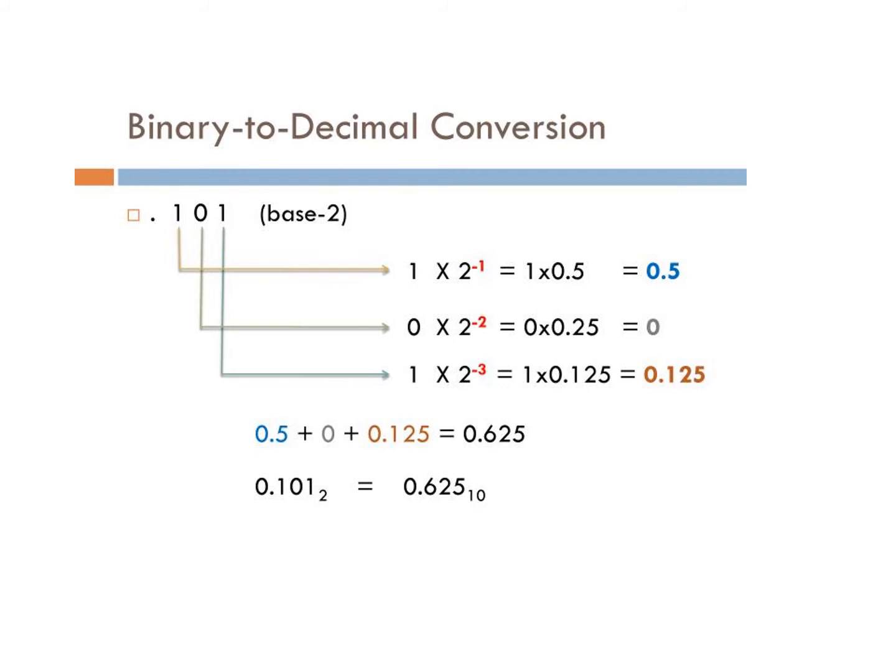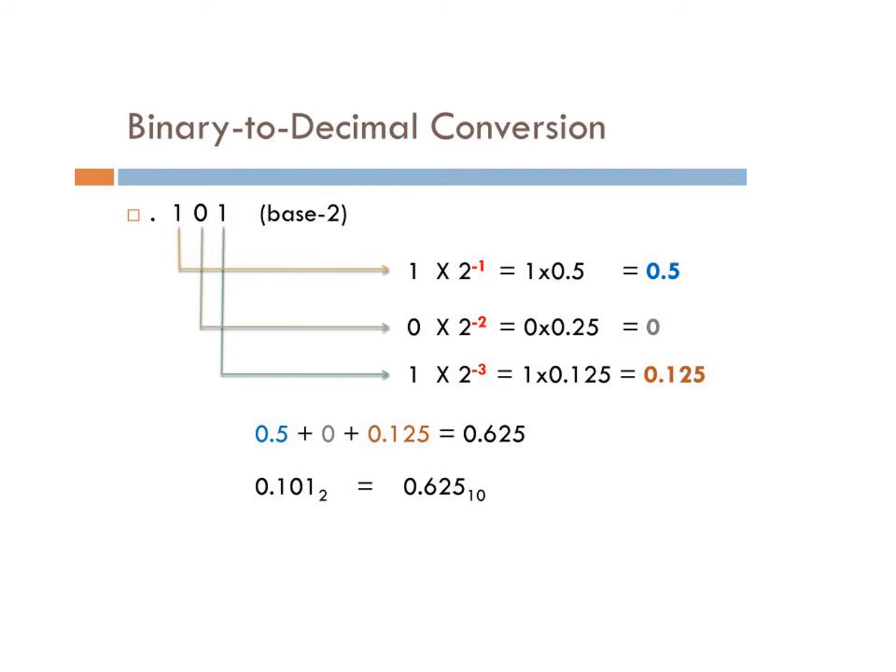For example, we have the binary number .101. Here, after the decimal point, from left to right, we will multiply each bit with the negative powers of 2, starting from 1. The power of the base is negative and starting from 1.